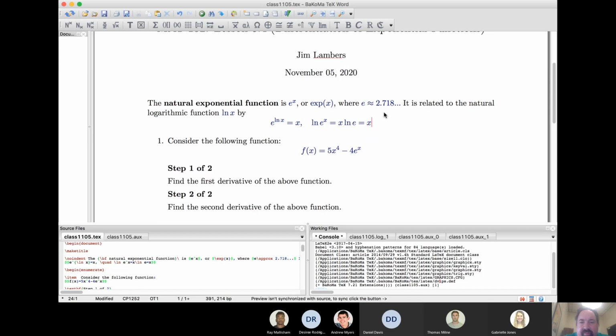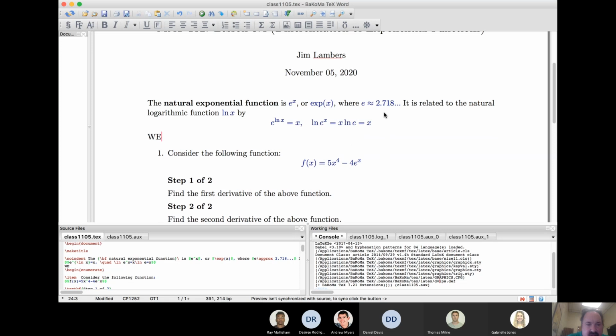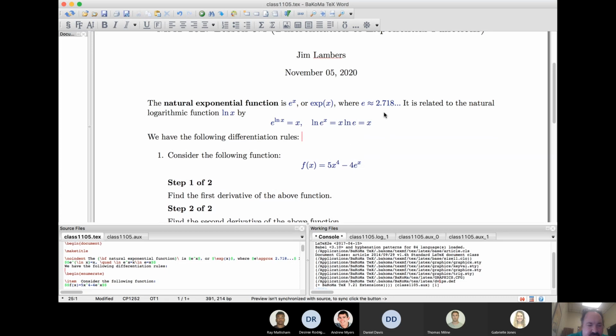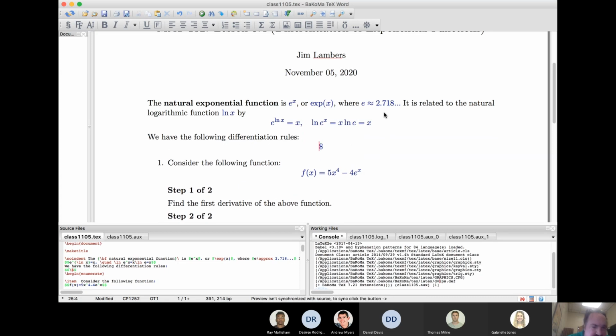Now, what we need to know in this lesson is if you have a function involving the natural exponential function, how do you take its derivative? So here are the differentiation rules that apply to e to the x.